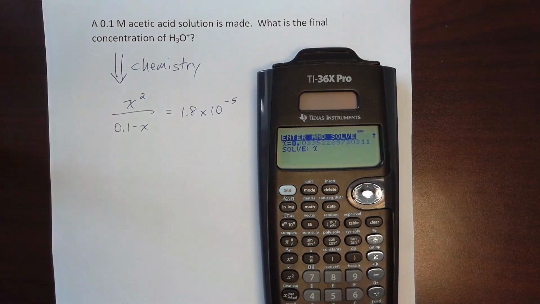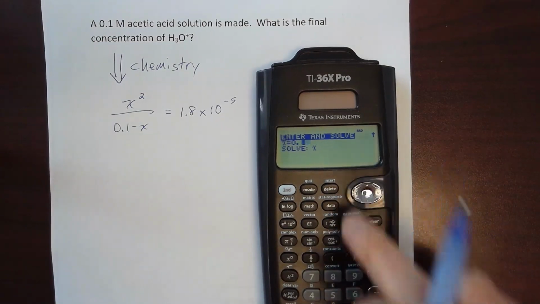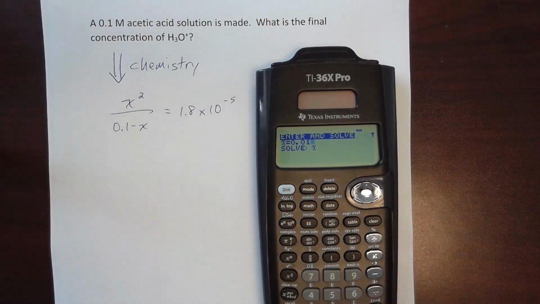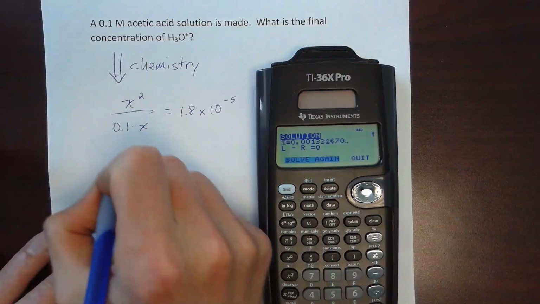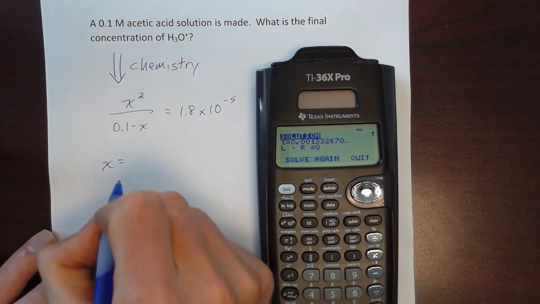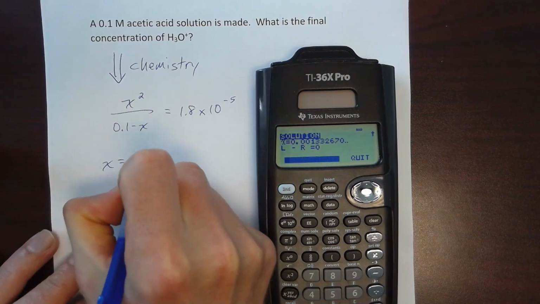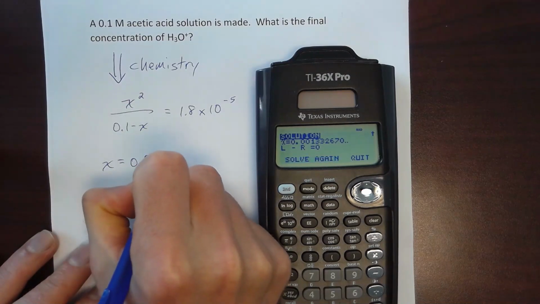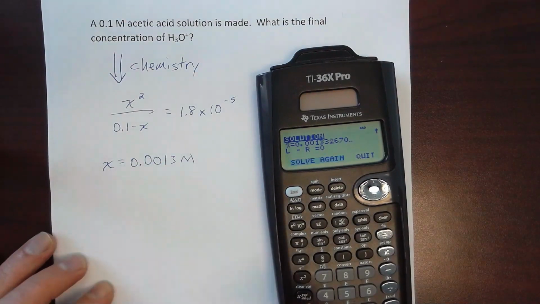So let me just guess 0.01. Sorry, 0.1. And solve for x. And we get our answer, which is x, which is the concentration of the hydronium ion, is 0.0013 molar.